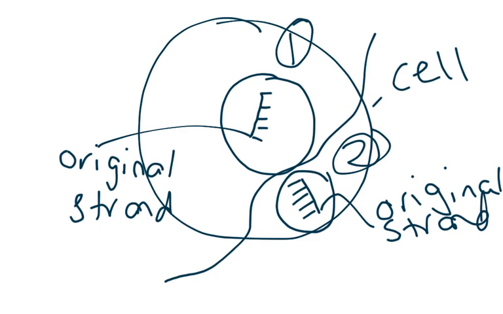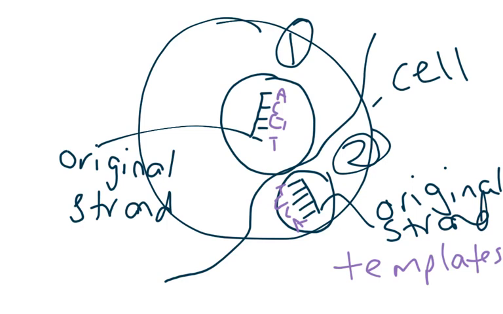So if we think back to our bases, there'd be an A there, there'd be a T there, a C, a G, etc. G, whoops, C, T, A. Right? So these original strands become templates for the new DNA.